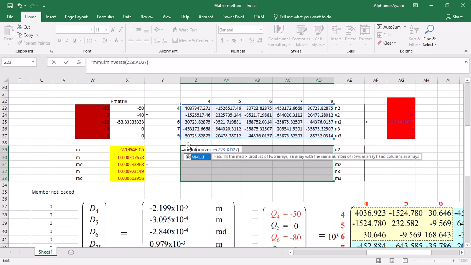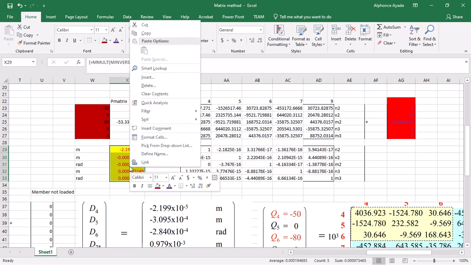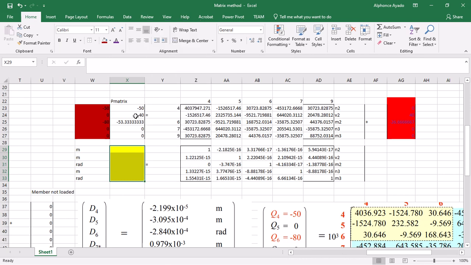MMULT, so the first array is the inverse, M inverse, comma, by itself, so the same array. Control Shift Enter, identity matrix, good.